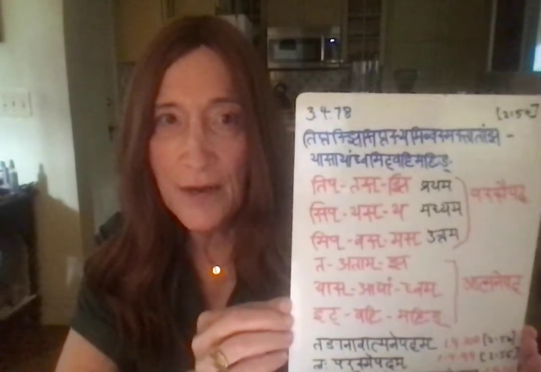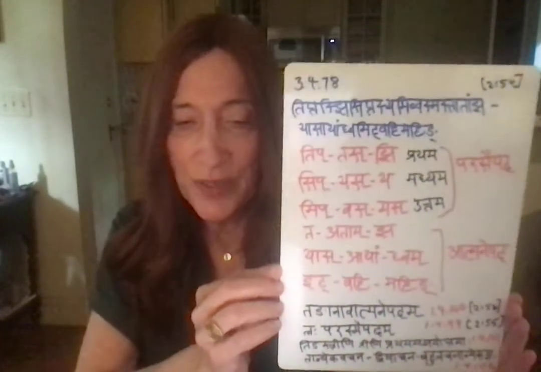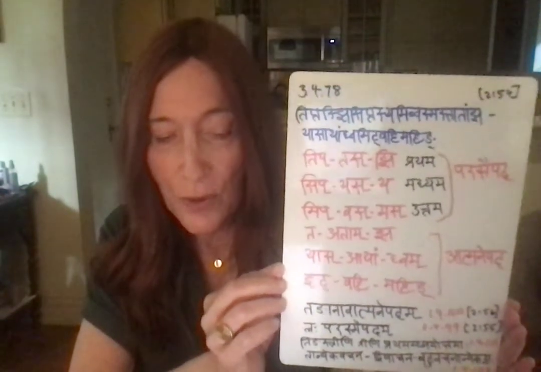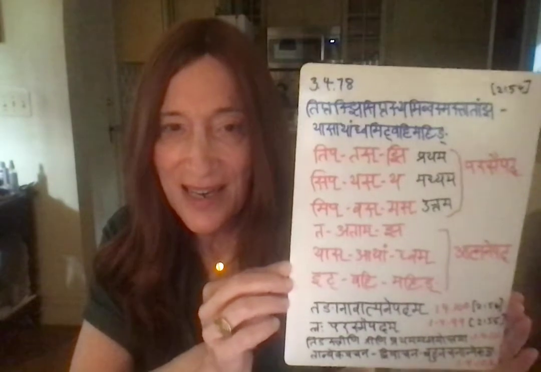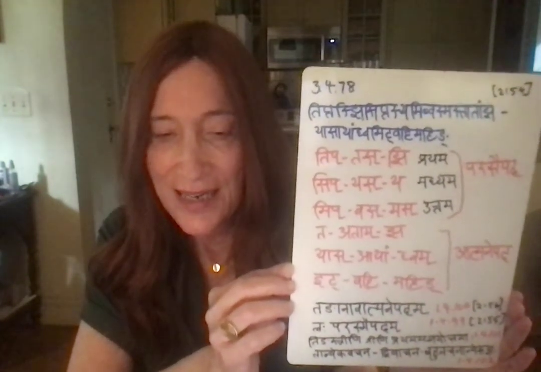So here we have the sutra, and as you will see, it begins with ti and it ends with ng. So ting begins with ti, ends with ng. The first along with the last, ting.